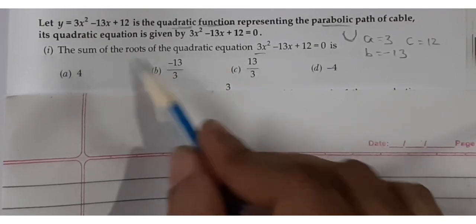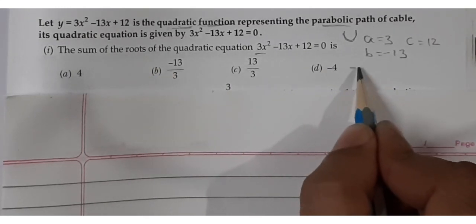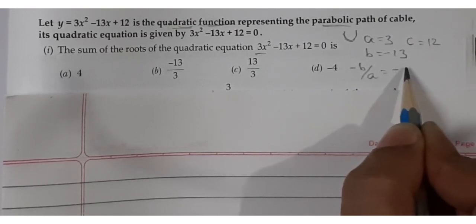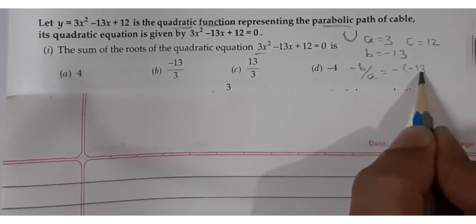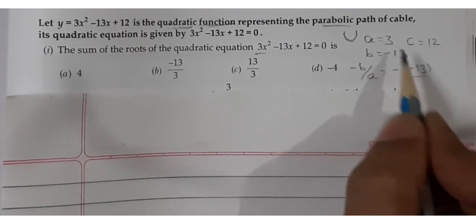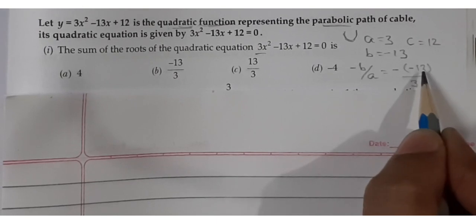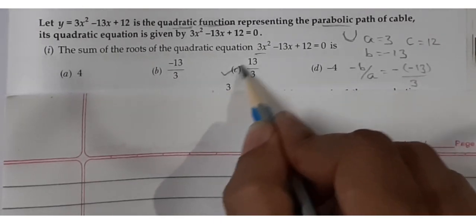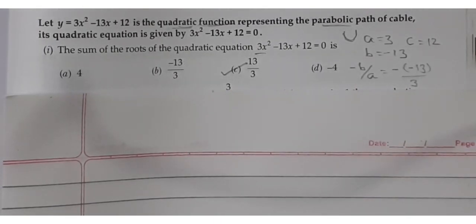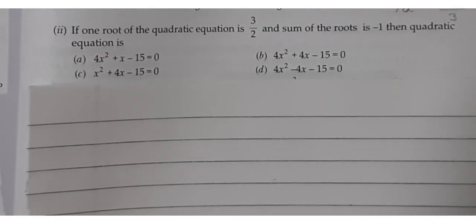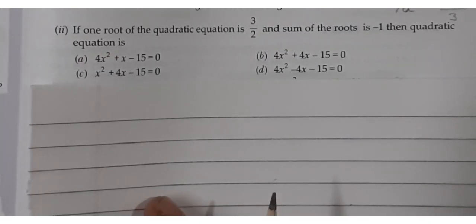So minus of minus 13 upon 3, minus minus will become plus. Answer will be 13 upon 3. Come on to the second part.